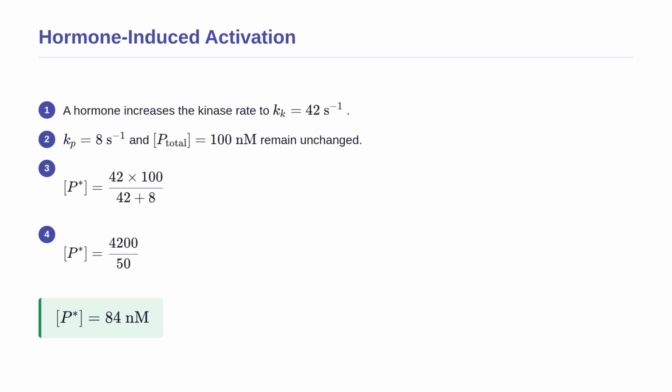Our numerator is now 4,200, reflecting a massive push by the kinases. The denominator grows to 50. Dividing these gives us a new active concentration of 84 nanomolar. By simply increasing the kinase activity, the hormone has successfully flipped the cellular switch, activating 84% of the proteins to carry out the biological response.